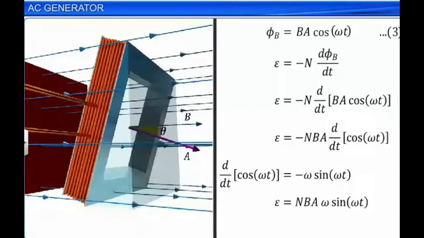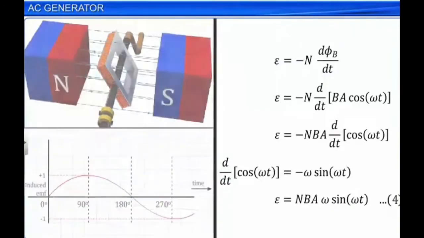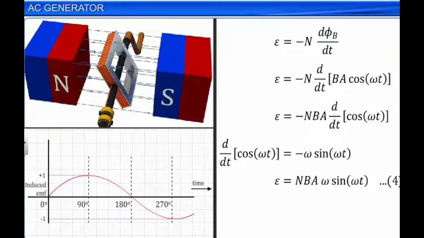Here we have the very important expression for induced EMF in the AC generator as epsilon equal to NBA omega sin omega t. In this expression, the maximum value of sin omega t is plus or minus 1. So when sin omega t equal to plus or minus 1, the induced EMF will be maximum and that value is NBA omega.